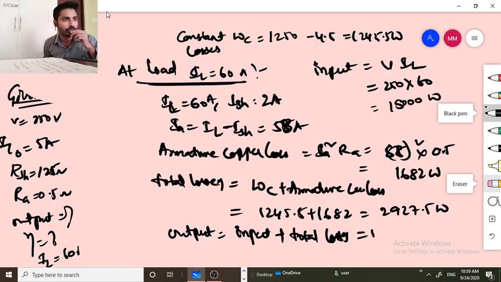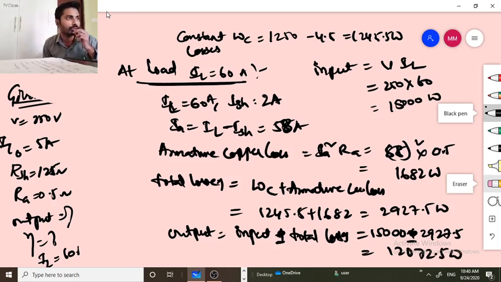So now we need to substitute 15,000 minus 2927.5. What is the value here? Input is equals to output plus total losses, so output is equals to input minus total losses. Okay, now we'll say 12072.5. Okay, this is the output value.